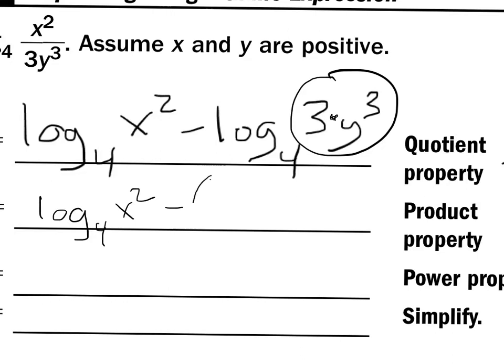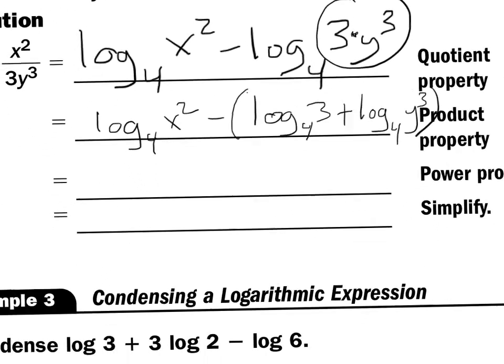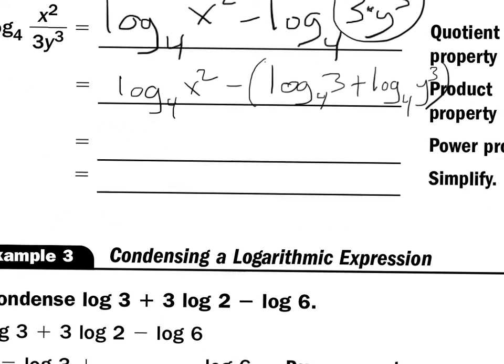So in parentheses, I'm going to rewrite this as log base 4 of 3. Then remember, product property is separating with addition. So it's going to be plus log base 4 of y to the third. And I'll put all that in parentheses. Now what I'm going to use is the power property and bring down the exponents in front.